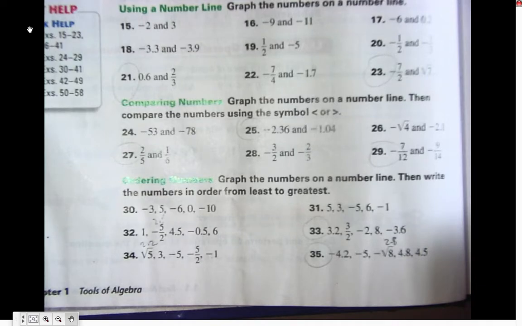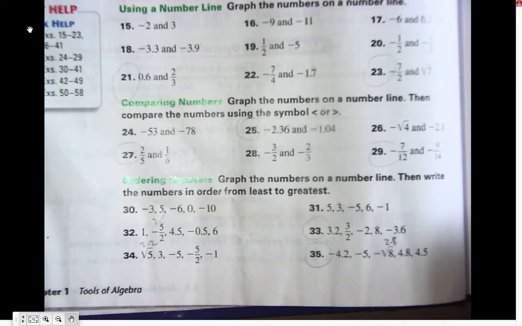And then either make yourself a number line or use the paper that Mr. Long distributed to you. So label the number line with a couple of values and then plot those points.